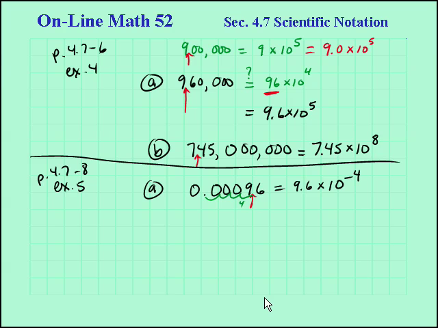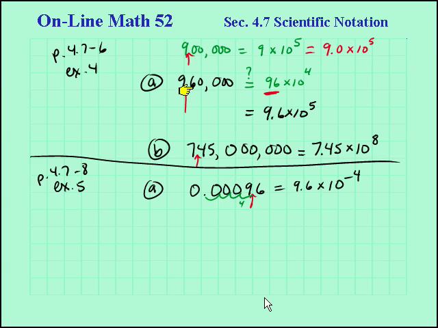So what are the steps so far that we've seen for these numbers? Identify where the decimal point would need to be for the proper coefficient. Here, 9.6. Here, 7.45. And here, again, 9.6. Identify whether it's a large number or a small number, meaning a very small decimal number.